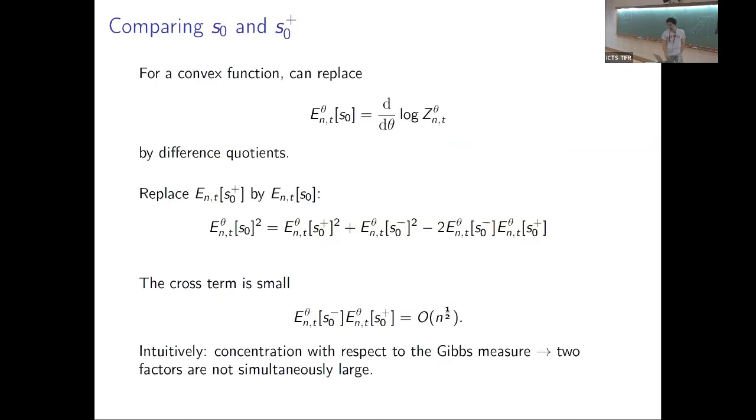How is it going to be convexity? Well, the second derivative is the variance, but the first derivative is the expectation. What we had in that variance formula was SCO plus, so it's not quite the expectation; it was the expectation of the positive part. But if we did have the expectation, then we could relate the expectation, which is the derivative of the partition function, by convexity back to the partition function.